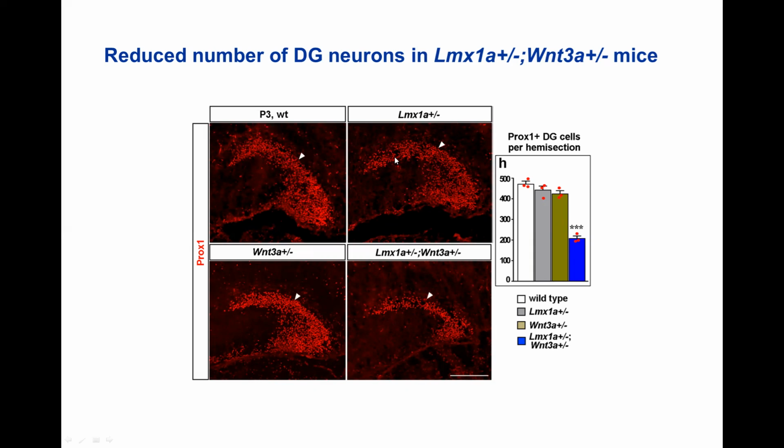We observed similar numbers of dentate gyrus neurons in wild-type, Lmx1a heterozygous mice, and Wnt3 heterozygous mice, but a dramatic reduction of dentate gyrus neurons was observed in Lmx1a, Wnt3 double heterozygous mice. This difference was statistically significant, indicating that Lmx1a and Wnt3 indeed act in the same pathway to regulate dentate gyrus development, in particular the number of dentate gyrus neurons.